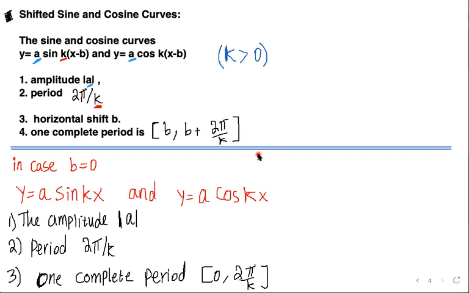Okay, now let me give you an example. The question is not a graph. It's to find the amplitude, period, horizontal shift, and graph one complete period.